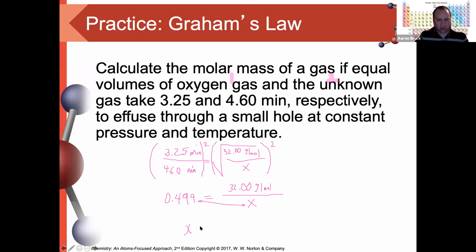My unknown has a molar mass of 64.1 grams per mole.